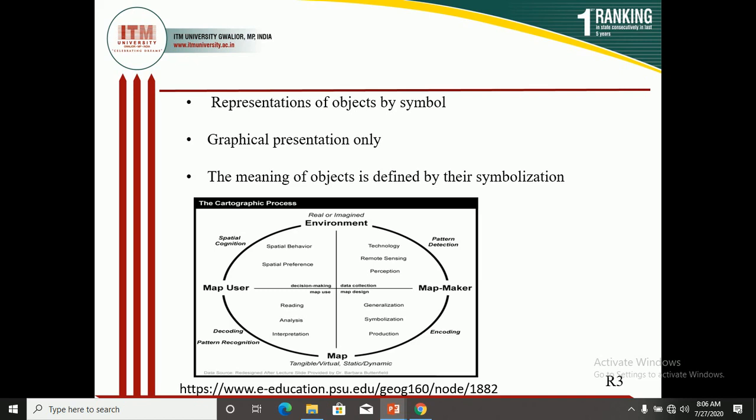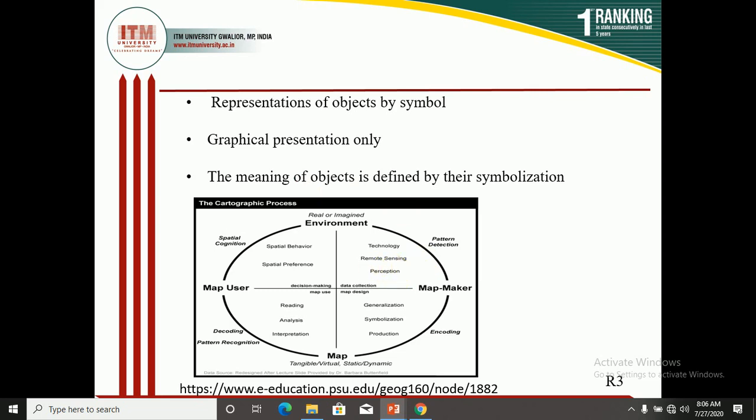He observes the typical land feature present there. According to that, the cartographer adopts certain technologies for gathering the information. It may be remote sensing, geodesy, or aerial photography.